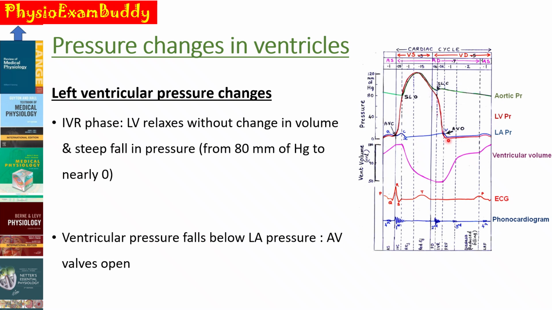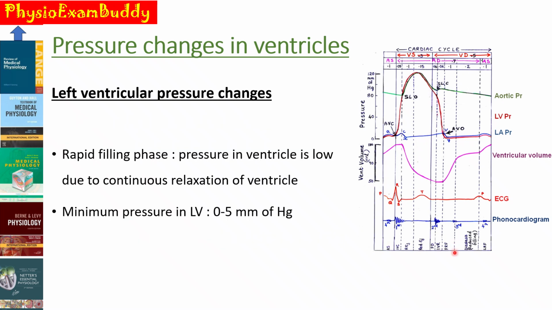And when the ventricular pressure falls below the left atrial pressure, our AV valves will open. During the rapid filling phase also, the pressure in the ventricle is low due to the continuous relaxation of the ventricle, and the minimum pressure of the left ventricle is 0 to 5 millimeters of mercury.